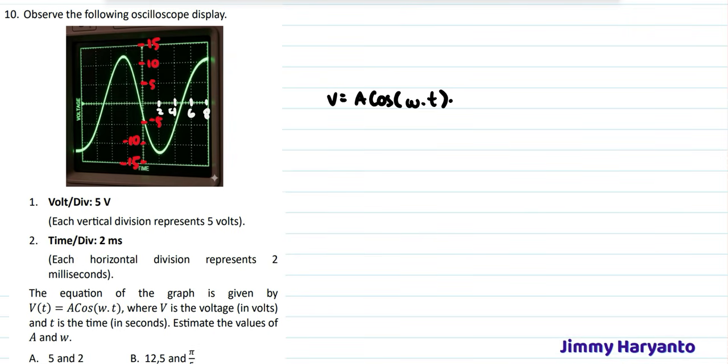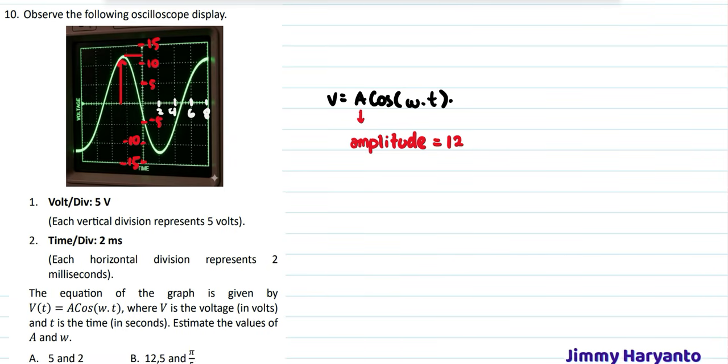So we have to change it later. First, I think we have to find the A. The A represents the amplitude, right? That means we have to find the amplitude. The amplitude is this one, that high. I think it's in between 10 and 15, which is 12.5. So the amplitude is 12.5.